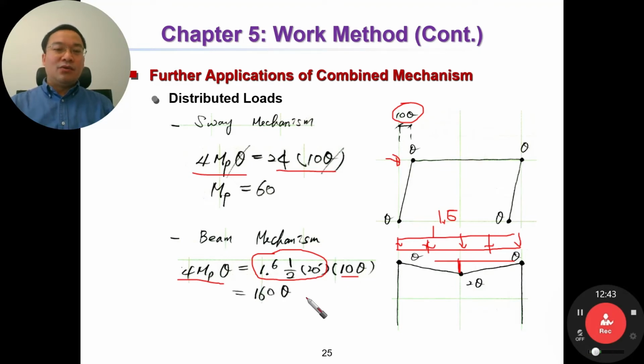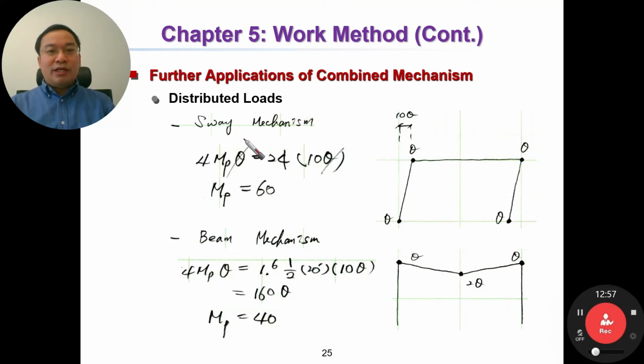And finally we have this one. And from that we have MP equal to 40, corresponding to the beam mechanism. So here we have two independent mechanisms, the panel mechanism and the beam mechanism.